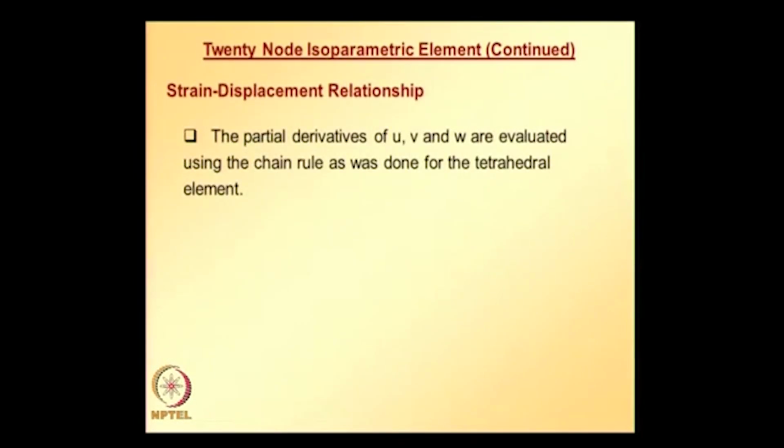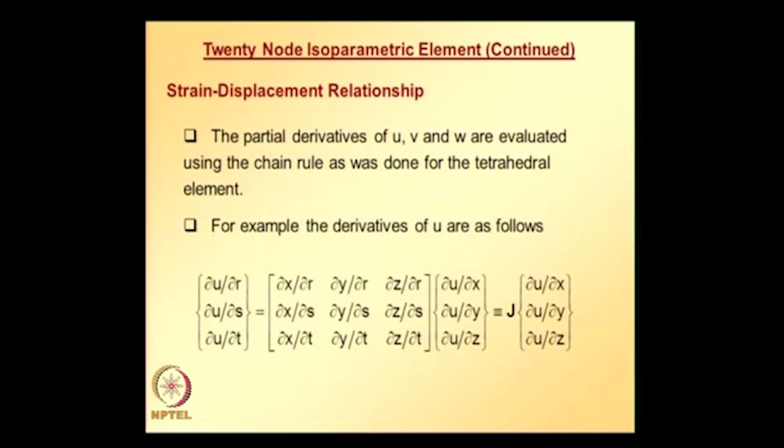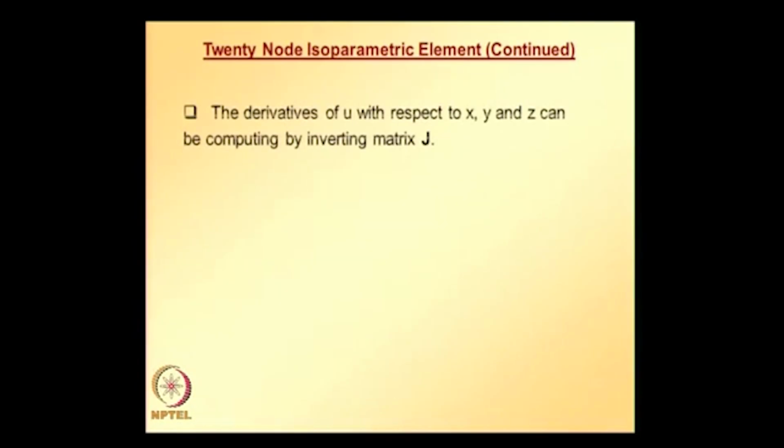So, strain displacement relationship, partial derivatives of u, v, w are evaluated using chain rule as was done for tetrahedral or hexahedral element, and these equations are similar to what we have seen for other elements earlier, except that some of the dimensions may be different, where J is the Jacobian matrix and the inverse relation is given by this.